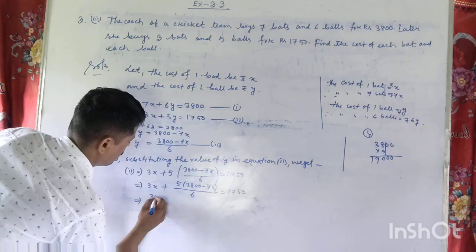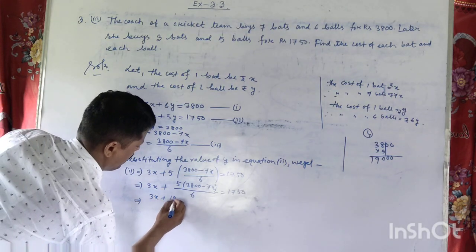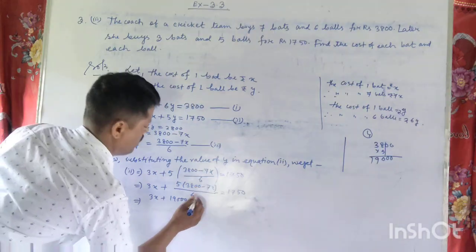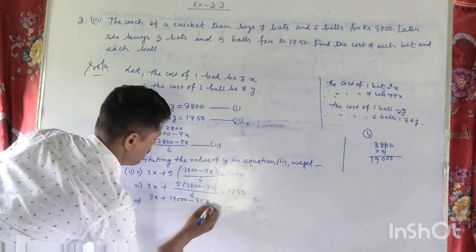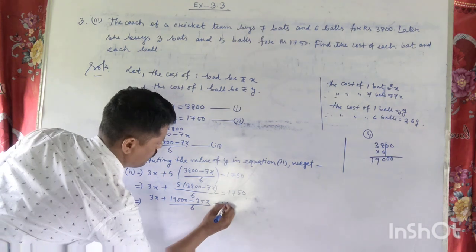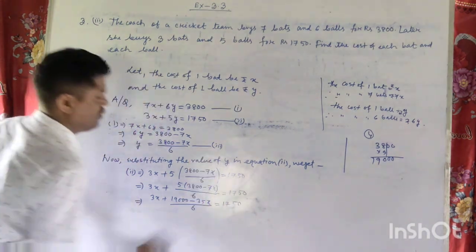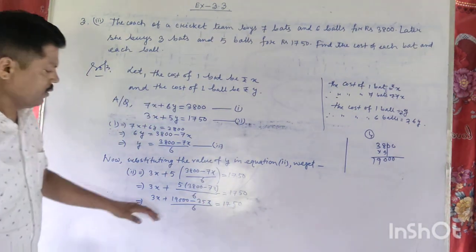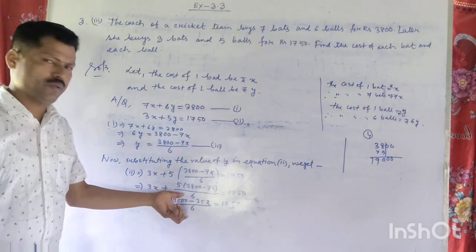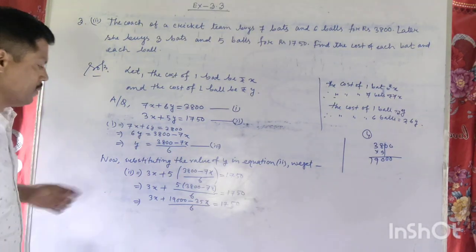3x plus 19,000 minus 5 into 7, 35x, and dividing here by 6 is equal to 1750. Now we have to take the LCM because 3x plus this fraction, so we have to multiply.